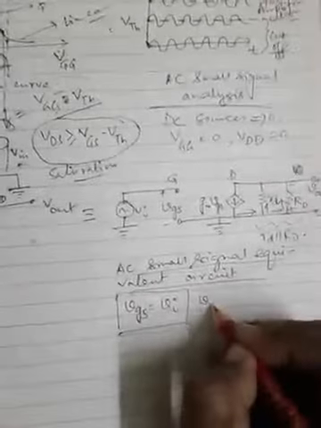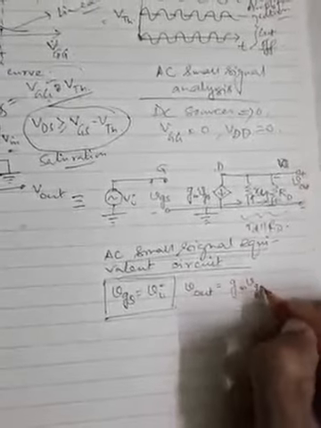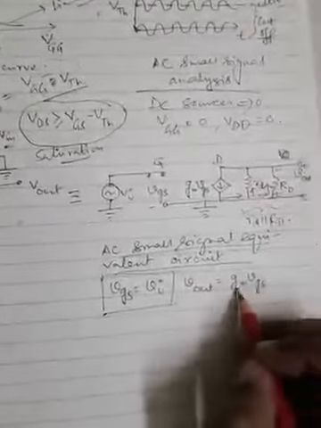We can write Vout equal to gm VGS, which is the value of the current. If we simply apply Ohm's law, V equal to IR, this is the value of I, into how much is R? It is small rd in parallel with capital RD.